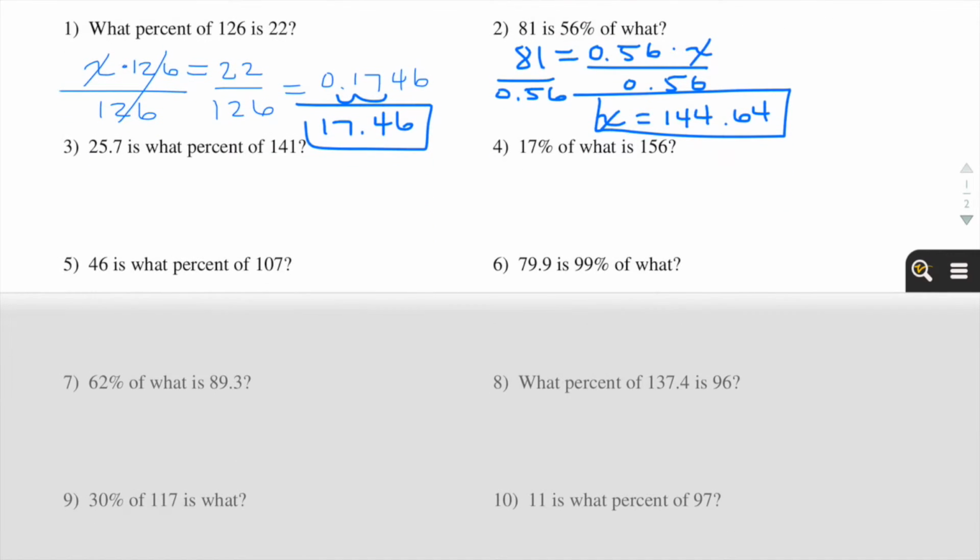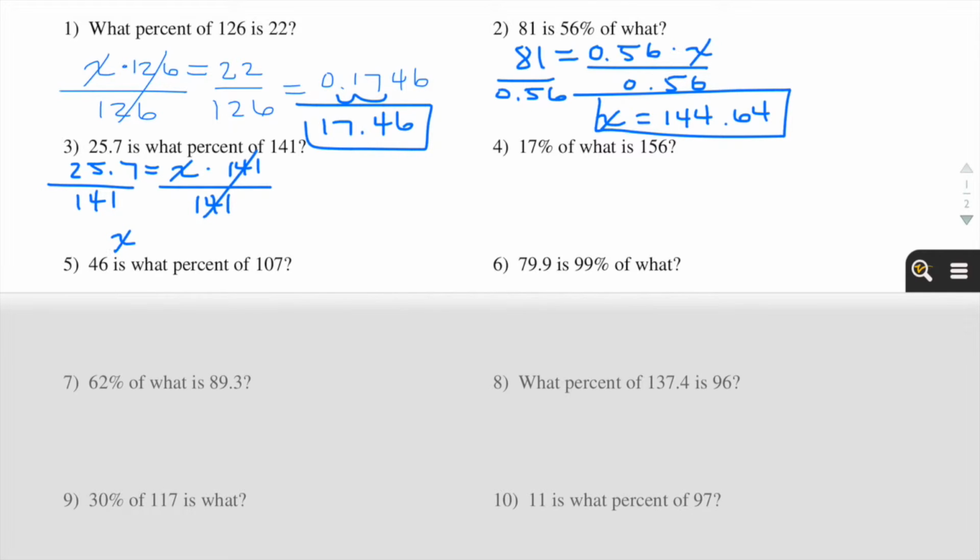Number 3, 25.7 is what percent, again put an x, of 141. Get x by itself by dividing by 141 on both sides. These cancel.